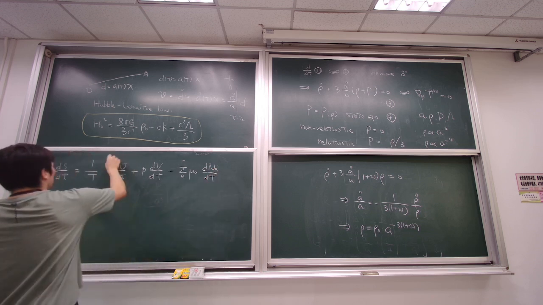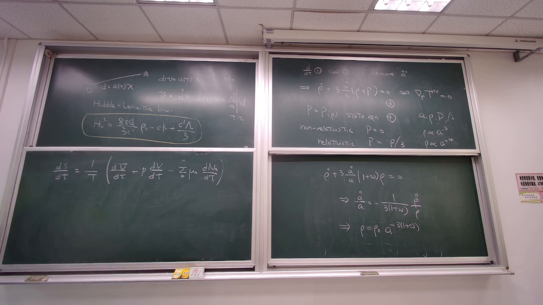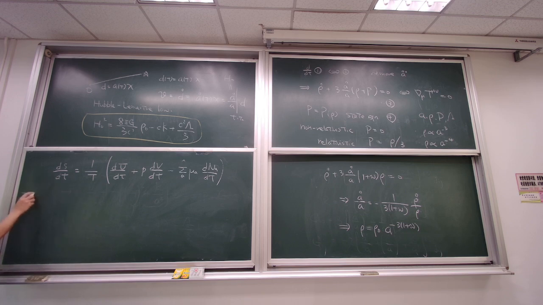So this is the first law of thermodynamics, where U is energy and V is volume, and the relation between them is U is equal to rho V.